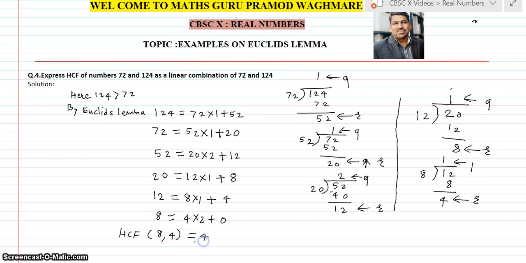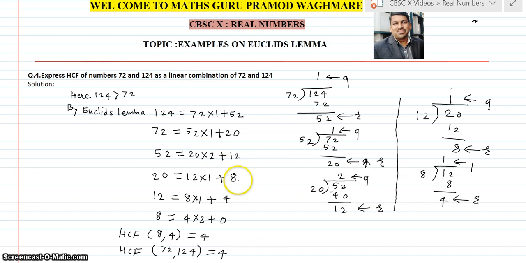Or we can say that the HCF of 72 and 124 is equal to 4. Okay, so first we have found the HCF.